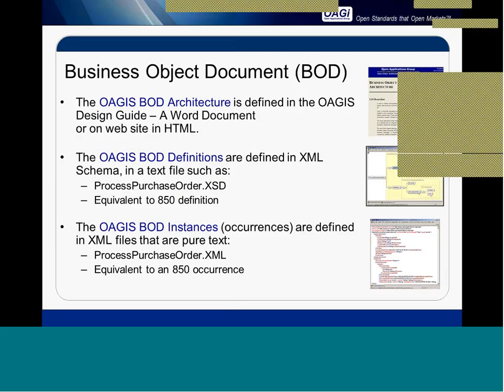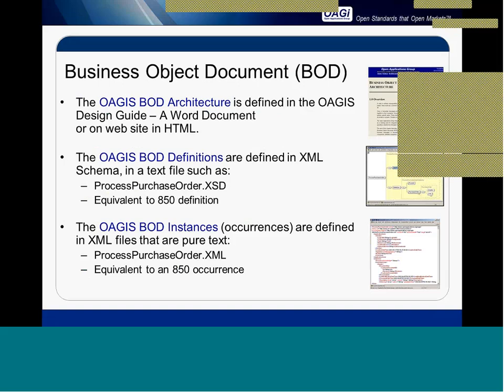The business object document itself is a term we use but it really is three things. It's an architecture that we use to carry the data over the wire, and I'll show you some more details about what that is. And it's also data definitions that are within that architecture, and roughly equivalent to things like an 850 in X12.